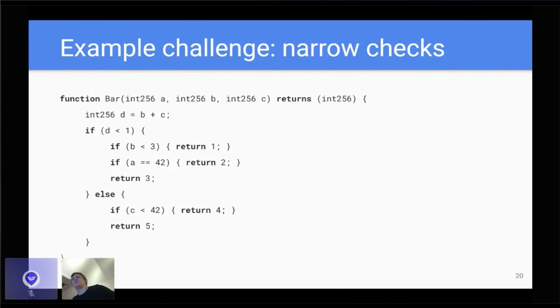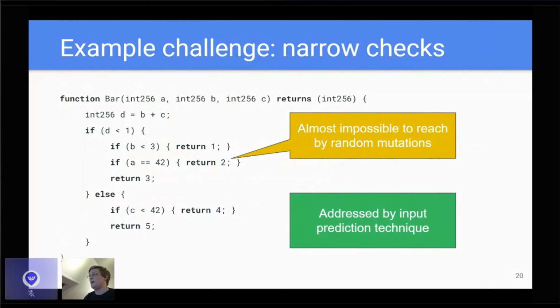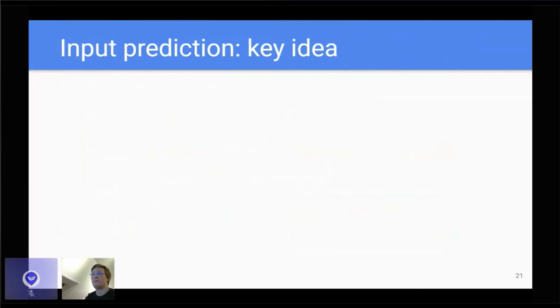Here, just to bring up one of the challenges that we faced, is the challenge of having narrow checks. You would almost never reach this point in the program if you were just randomly mutating the inputs. We've developed a technique which we refer to as input prediction that allows us to do this much more quickly, within just a few inputs.